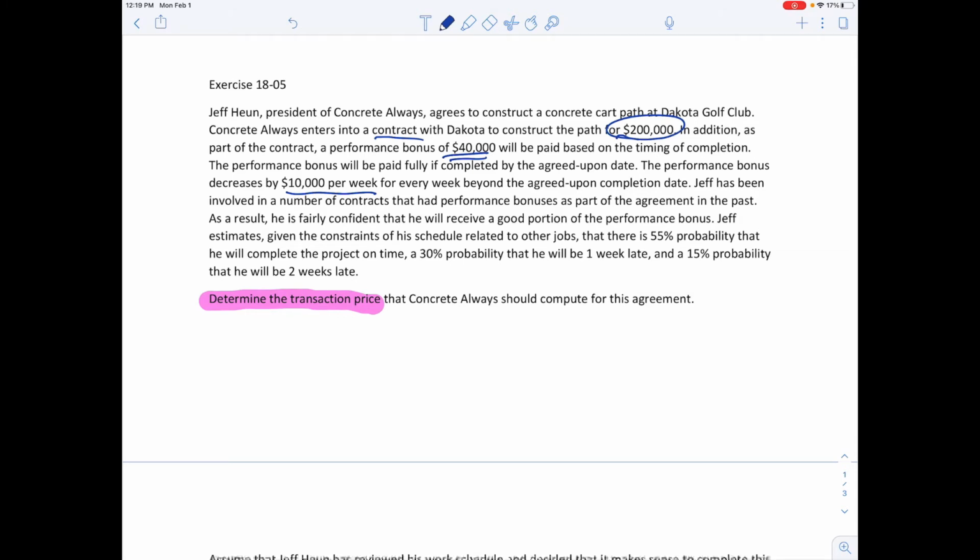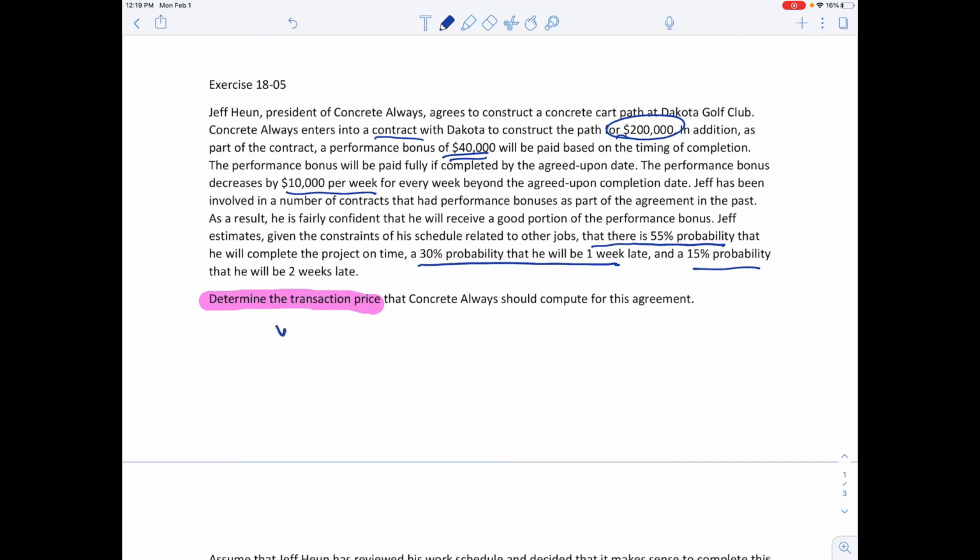So they tell you a little bit about the company, and it tells you, given the constraints of his schedule and other jobs, there's a 55% probability that he'll complete the project on time, 30% in 1 week, 15% in week 2. So what we're going to do is build a schedule based on that probability.